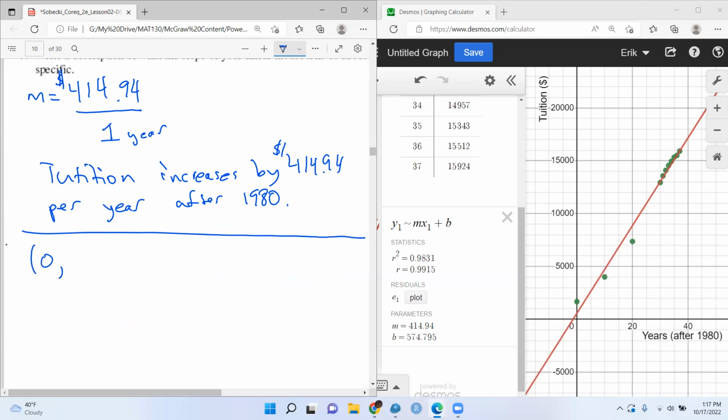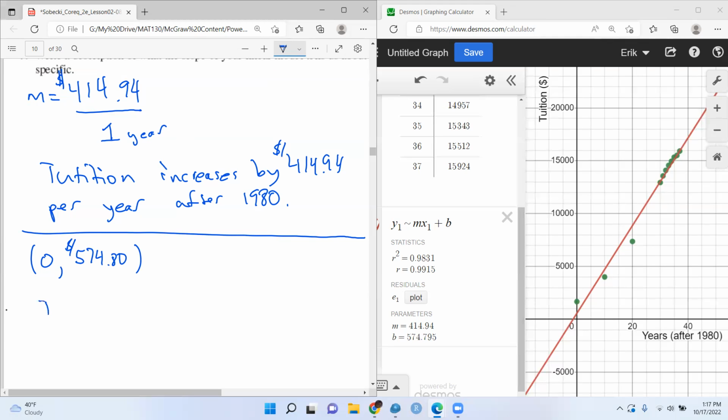Don't forget the x coordinate. Yeah, Janice, nice. It's easy to forget the x coordinate because when we look at the equation, the b value is the y coordinate. But a y-intercept is an ordered pair, and it's important to keep track of that because 0 tells us the x value.